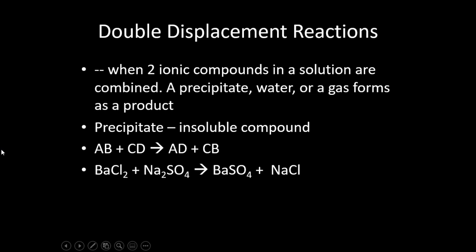And a lot of times what occurs is you have the formation of something called a precipitate, which is an insoluble compound, which means that it cannot dissolve in the new solution.